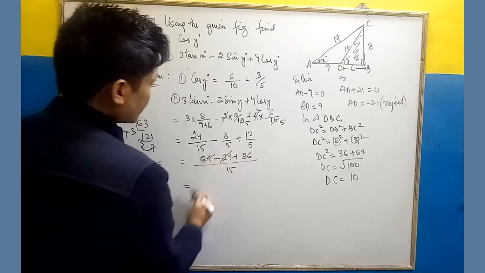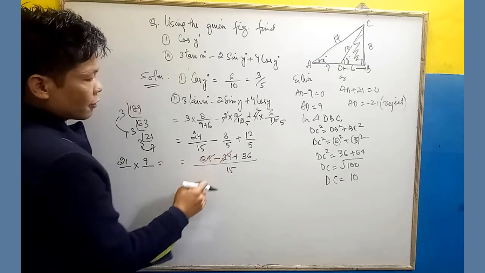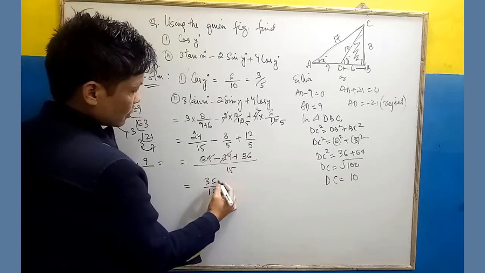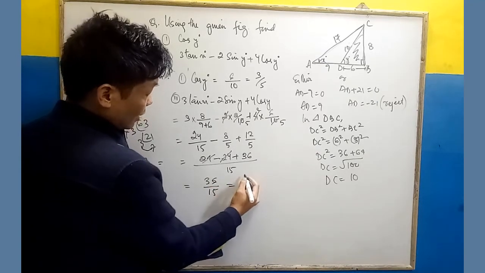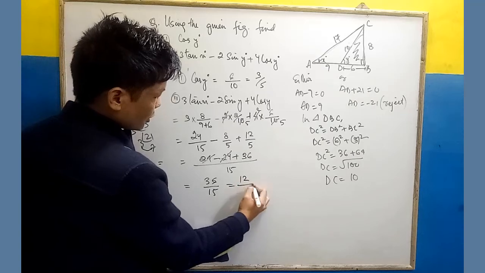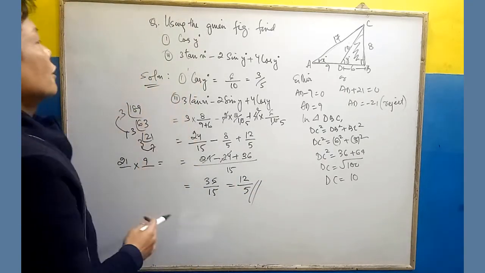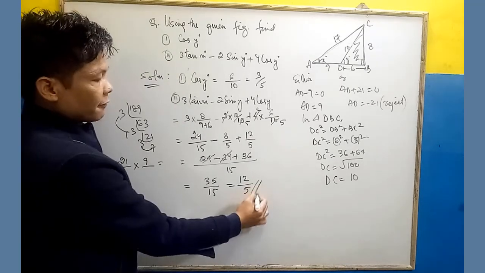So 24 minus 24 is 0, so I'll get 36 by 15. If I divide both by 3, I get 12 by 5. So the value of the answer for 3 tan x minus 2 sin y plus 4 cos y will be 12 by 5.